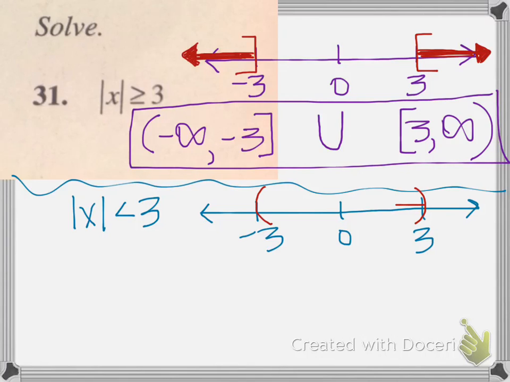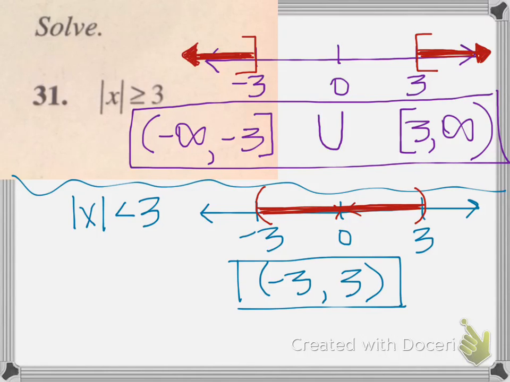So all of this is included in our solution. If I'm writing this as my answer, the lowest I can go is -3, comma, the highest I can go is +3. I don't have to use a union because they all fall in that same category.